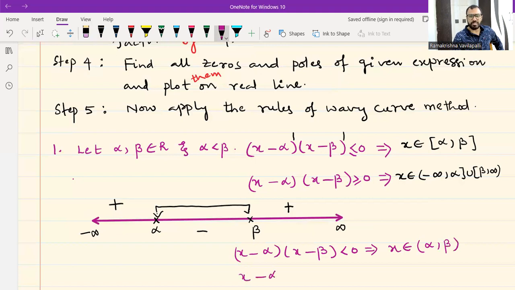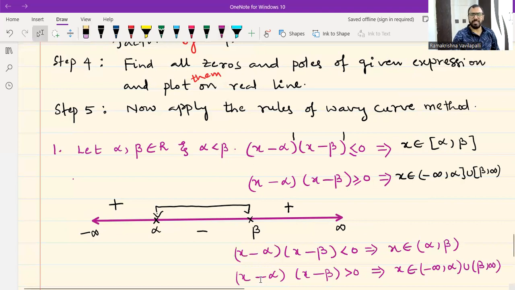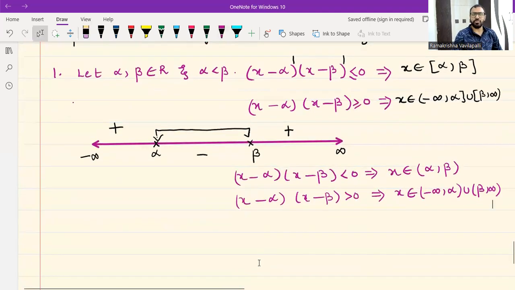If we want x minus alpha into x minus beta greater than 0, this is the same as above. Only the point is you have to exclude alpha and beta. So x belongs to minus infinity to alpha, open, union beta to infinity. So in this way, you can find the intervals of x very directly.